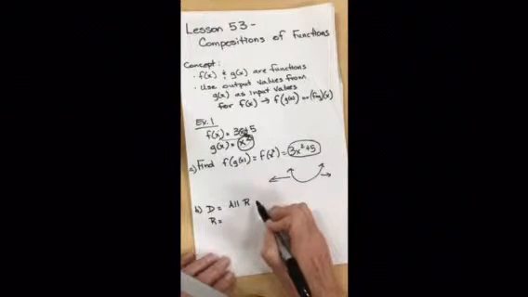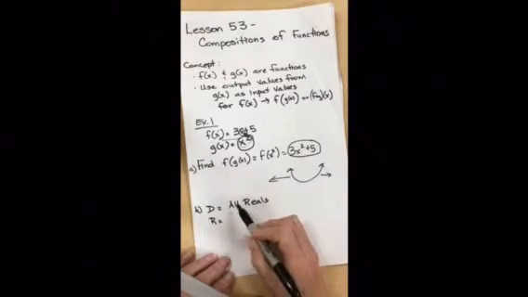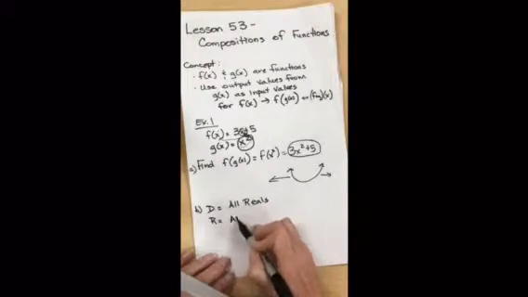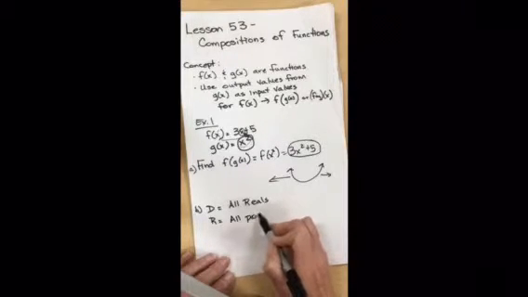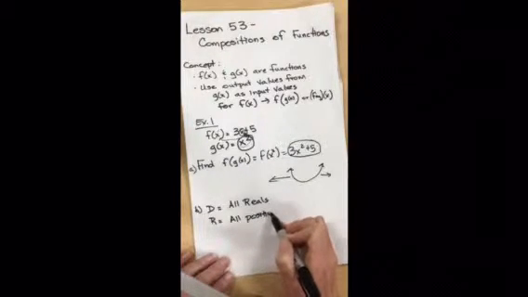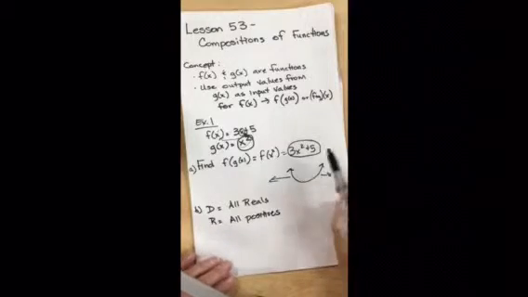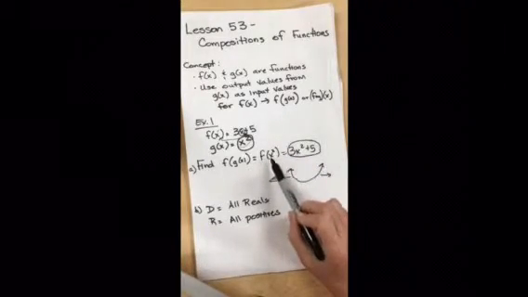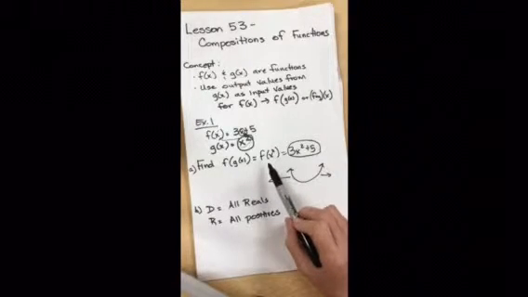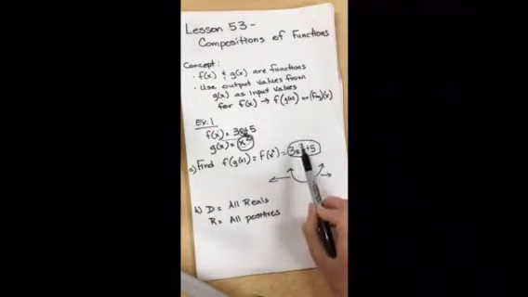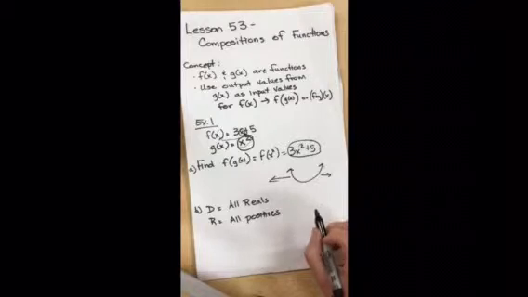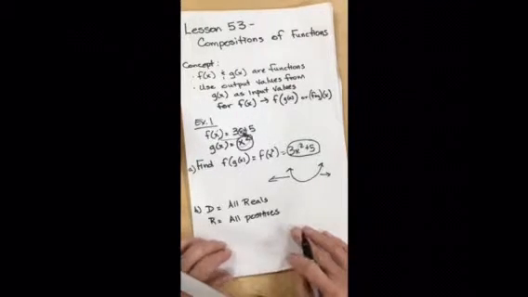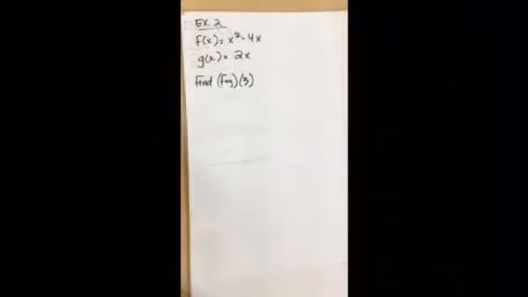And the range is going to be all positives, because you cannot have a negative number when you have a squared. So that is example 1, pretty straightforward.